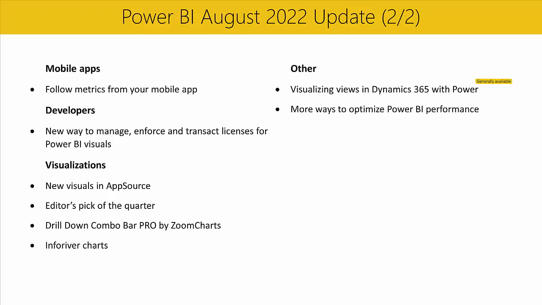In the mobile section, you can now follow metrics directly from the mobile app and stay up to date with the activity on those metrics. To start following a metric, select More Options on a metrics card in the Metrics Hub or in the Metrics Details pane, and choose Follow Metric.